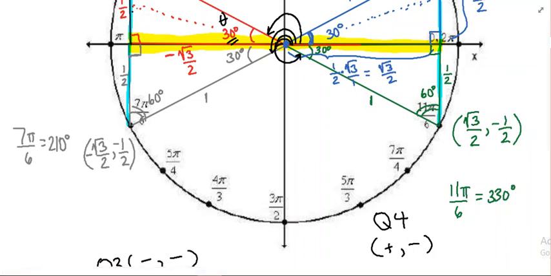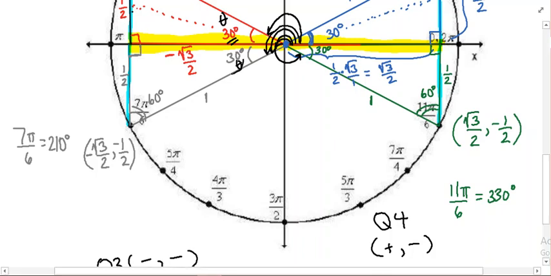When we drew 210 degrees, we started in standard position, and we rotated all the way around until here. Then we took the difference between this angle and the x-axis, the nearest way to the x-axis. So 210 minus 180 gave us the 30-degree reference angle. So we will be using this 30-degree angle as our reference angle in this gray triangle to compute the trigonometric functions for 210 degrees or 7 pi over 6.